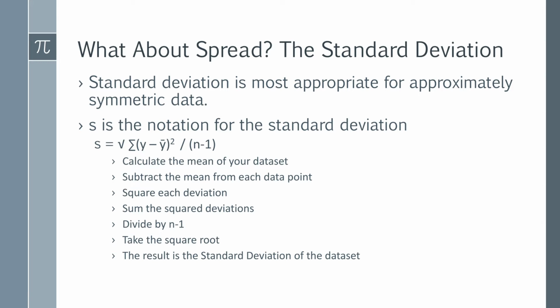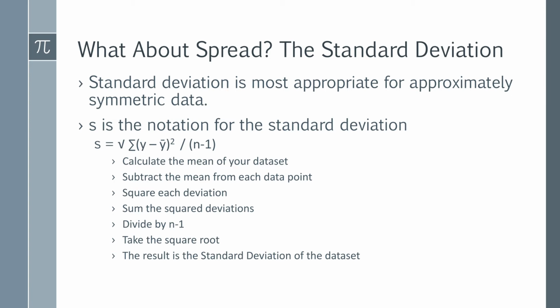And we've got this pretty lengthy formula here for how to calculate the standard deviation, so let's walk through it. The first thing you're going to do is calculate the mean of your data set. Once you have that number, you subtract the mean from each data point. Individually, you'll go down and subtract it.